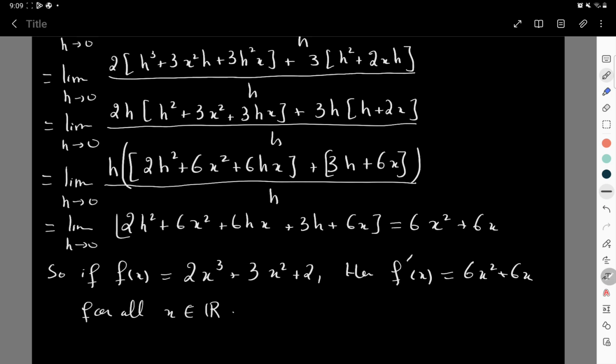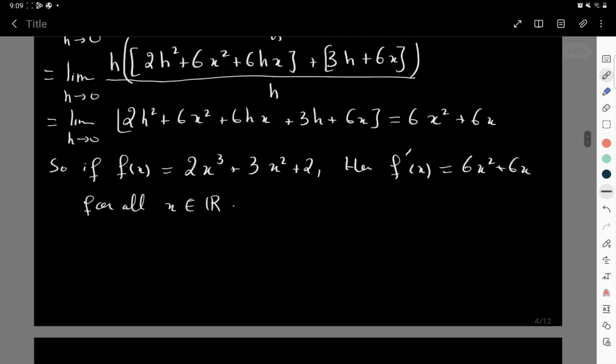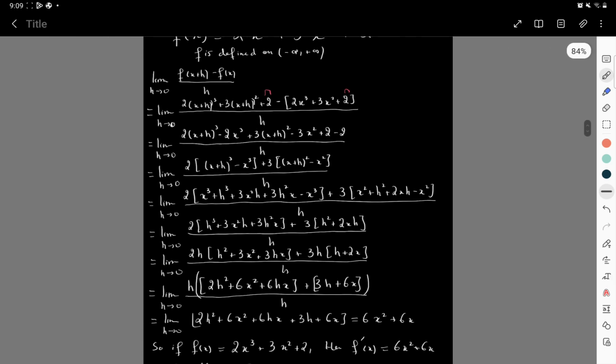Because here the limit exists for any real number x. Okay, and that you can check with the limit laws. Whenever you have an exercise involving the definition of the derivative, it's better to verify your answer with the derivative laws. Here it's obvious: the derivative of a polynomial, we know how to do that. Okay, great. Awesome. Very good.